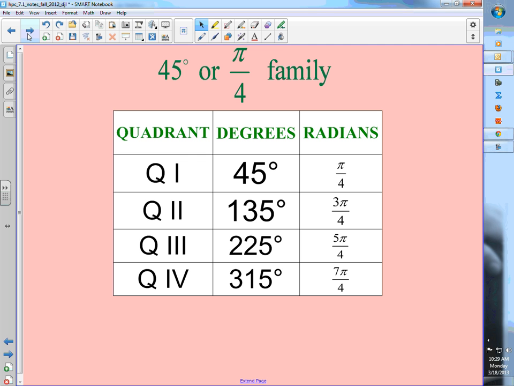If you know those, I'll show you how to find the other ones. It's pretty easy. So we got 30, we got 45. Who's next? 60.